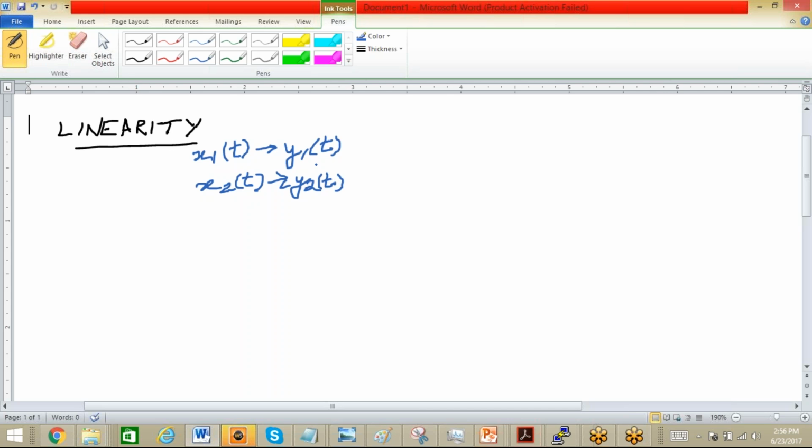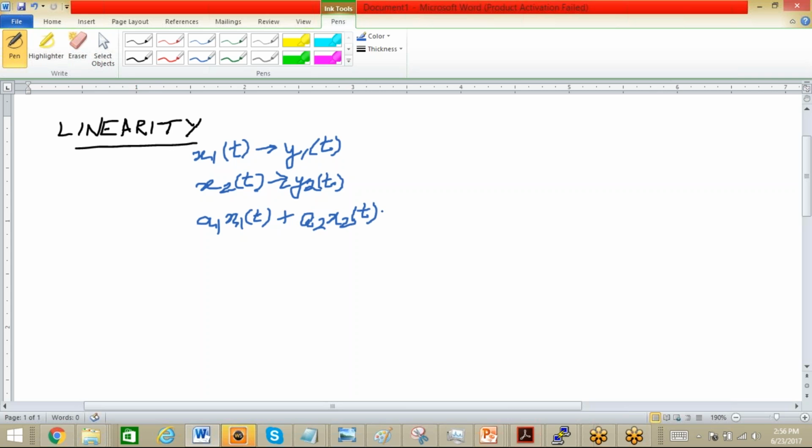Now for the linearity setup, if we multiply these inputs by some scalar and add them, the same kind of effect should be visible in the output as well. So the relationship will be something like a1, which is your scalar, times x1(t) plus a2 times x2(t).